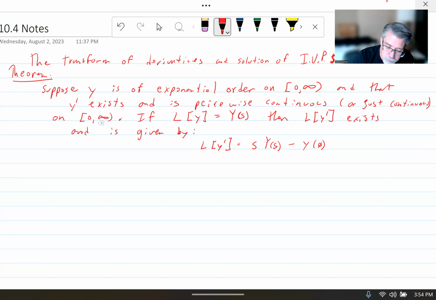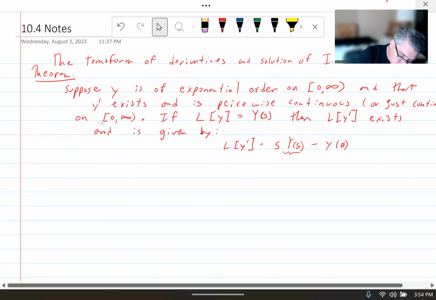We're going to inverse Laplace transform this Y of s to plug it back into a function of t that will give us our solution to our differential equation. So that's the game plan.